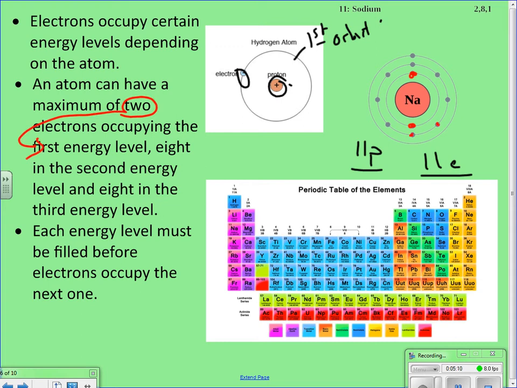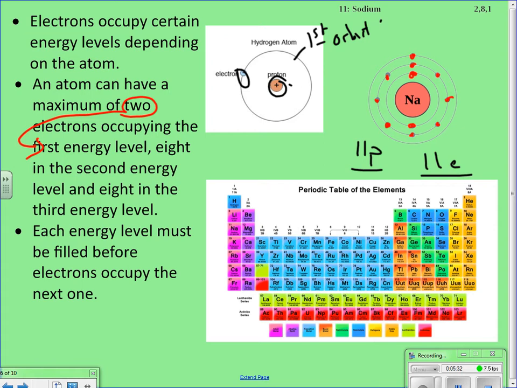So 1, 2, 3, 4, 5, 6, 7, 8. Those are our 8 electrons. And so now we filled it up. And the last energy level, we have 1, because remember, we only have 11 electrons. We could have a maximum of 8 in this energy level.